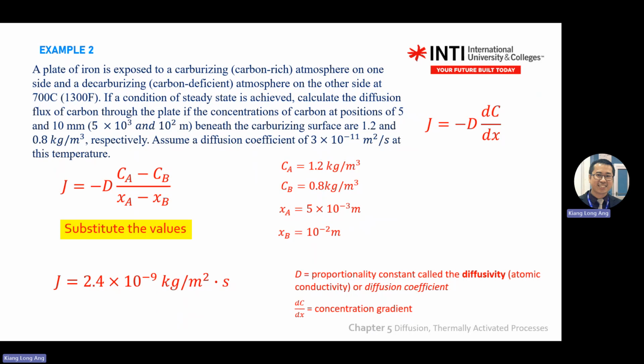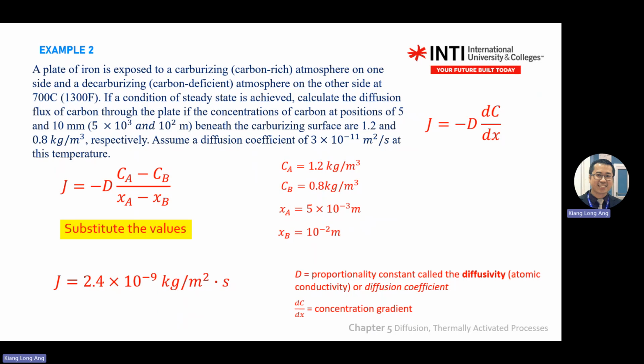In this question, you're given the depth: 5 mm from the surface is 1.8, and when it reaches 10 mm it is 0.8. It's like plotting a graph of C versus X. So you have two values there, 5 and 10 mm.